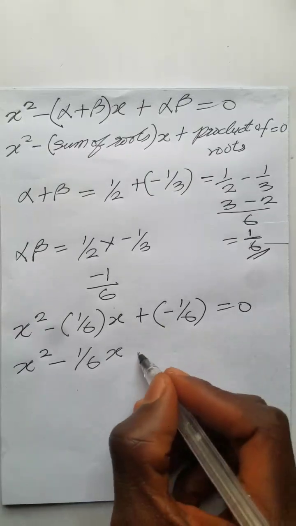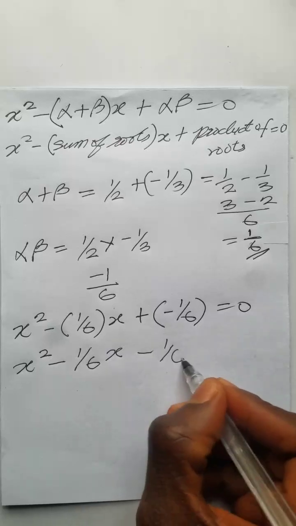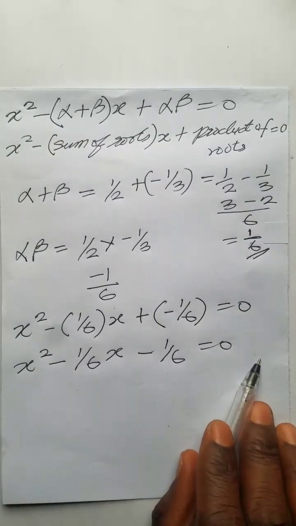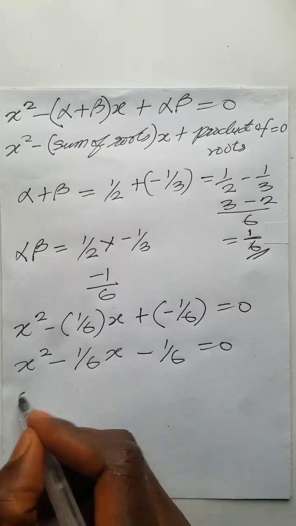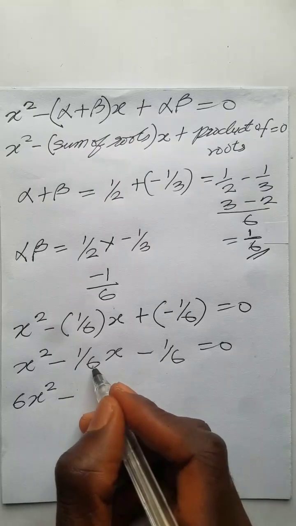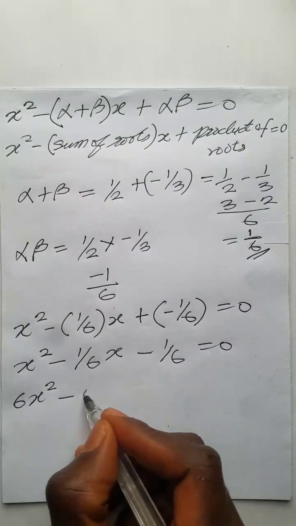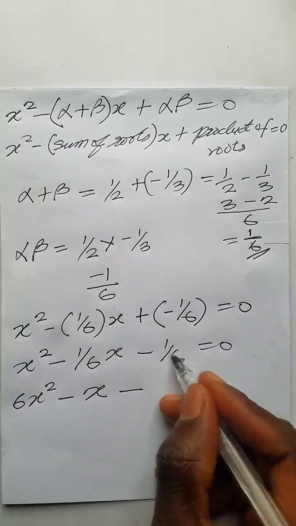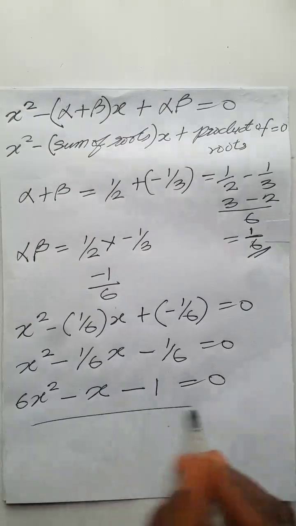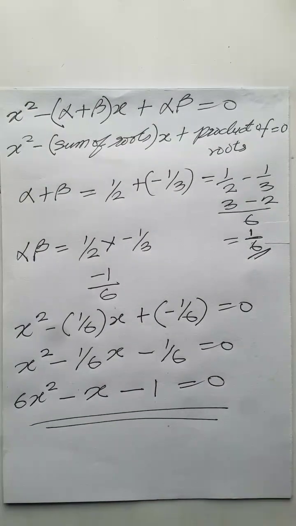Minus, plus times minus is minus. 1 over 6 is equal to 0. Multiplying through by 6, the step we had in the other method. So that becomes 6x squared minus x minus 1 is equal to 0. The same thing. I hope you understand.